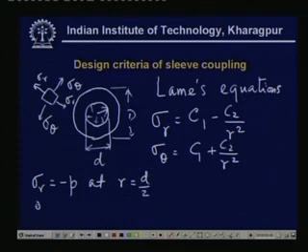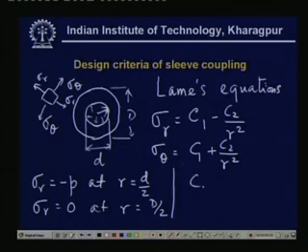And the other boundary condition is again in terms of sigma r: sigma r will be 0 at the outer radius, that is, there is no pressure applied at the outside surface, whereas there is the pressure P which introduces a compressive stress at the inner periphery. When you use this, then you get the values of C1 and C2 in terms of P.